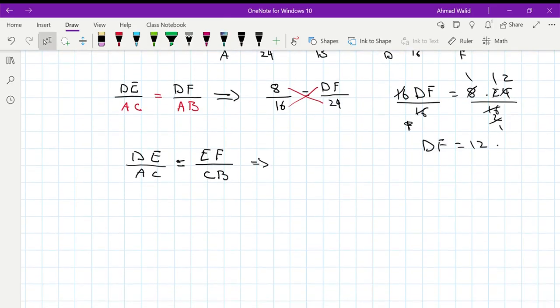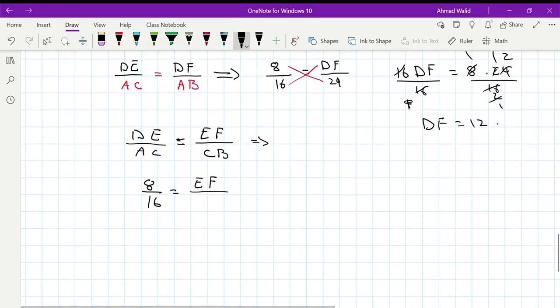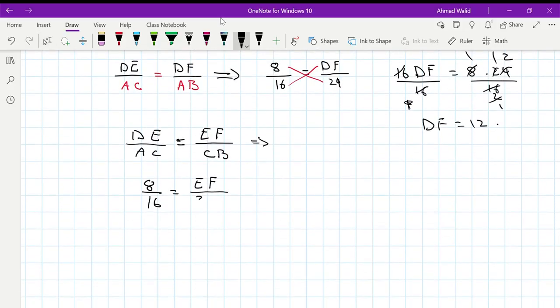Correct? Now your DE is again 8 over 16. This part equals EF, I don't know how much it is, I'll keep it, over CB, which is given as 32. Now again, cross multiply. You can write 16 times EF equals 8 times 32.